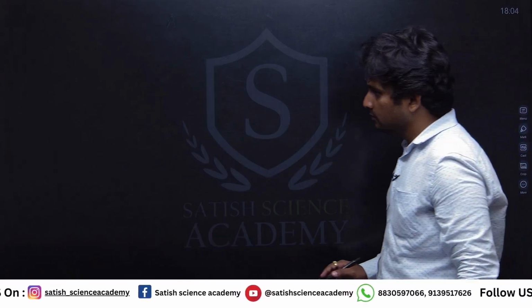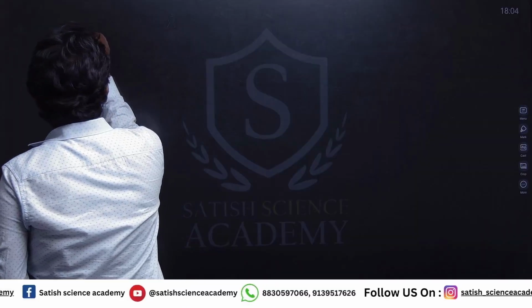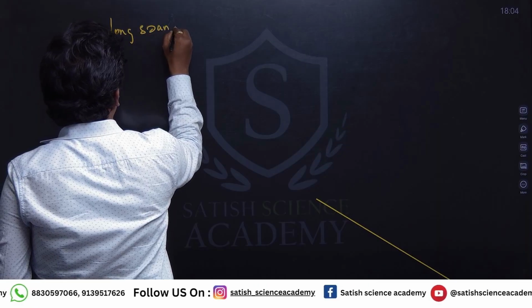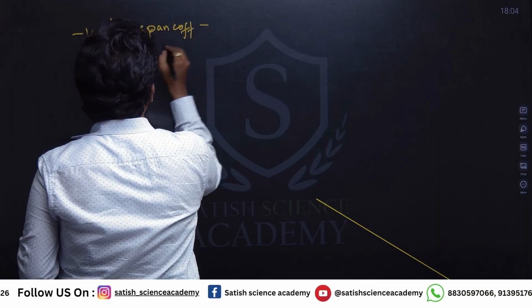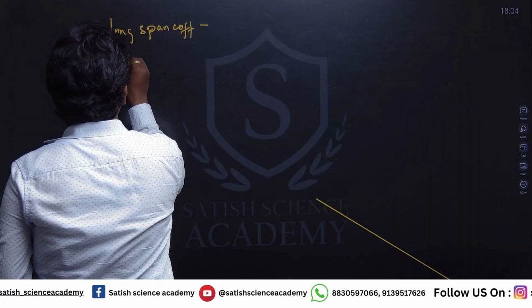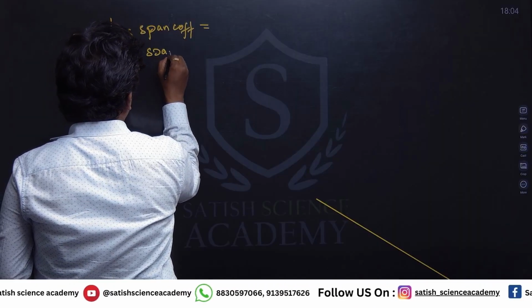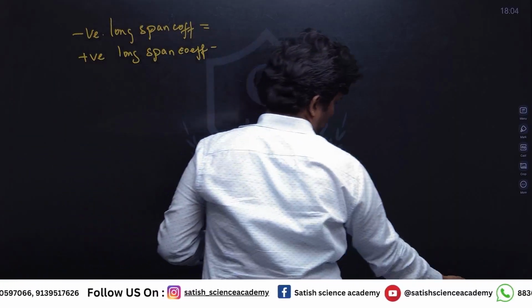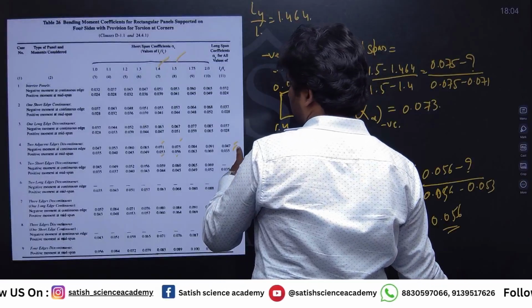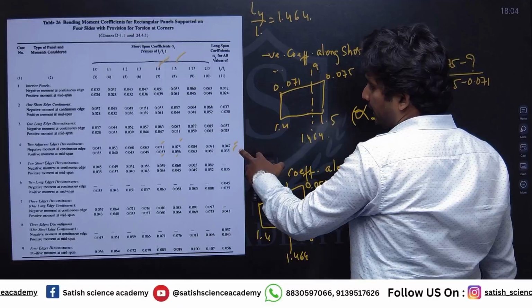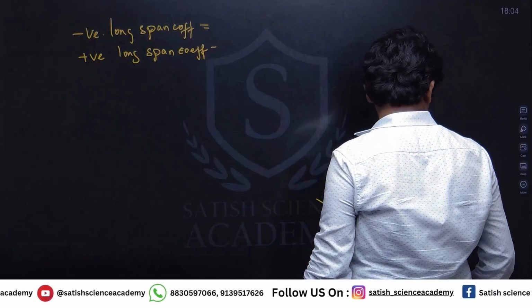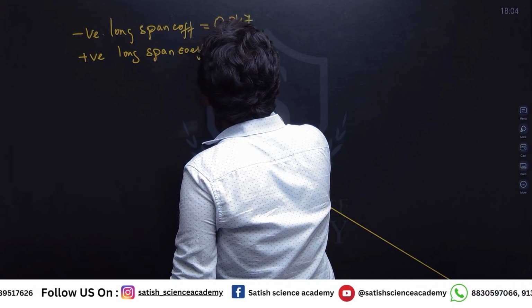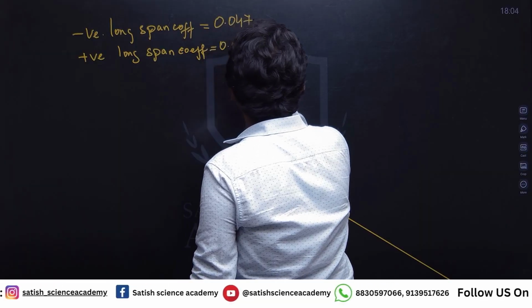Negative long span coefficient, positive long span coefficient: those values are 0.047 and 0.035.